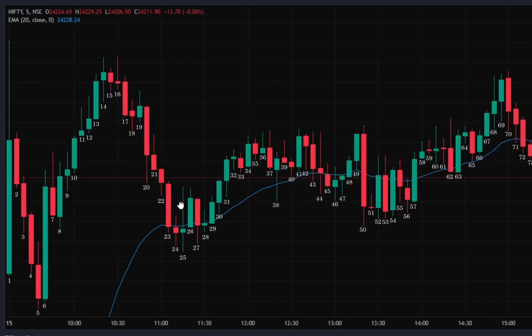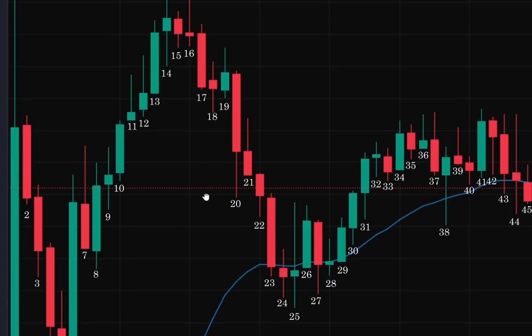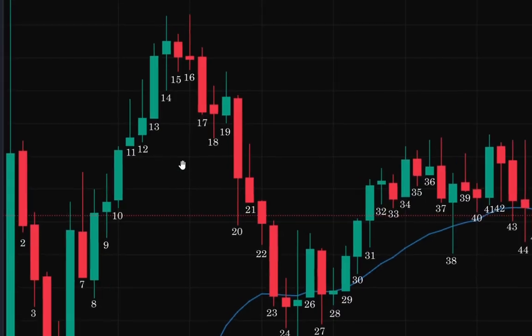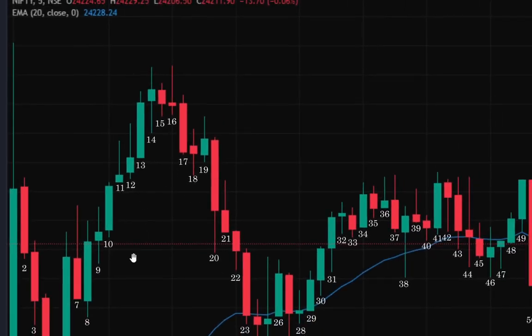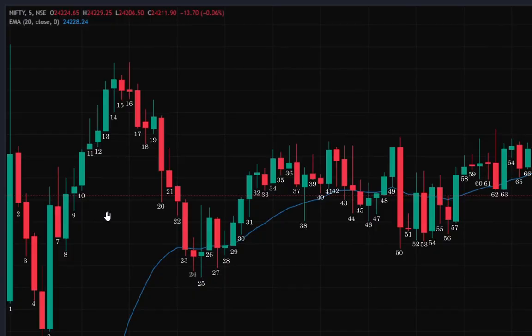Now let's think about this trade. Okay, now let's see this scenario. As you can see, this is how the system helps us avoid taking a bad trade.